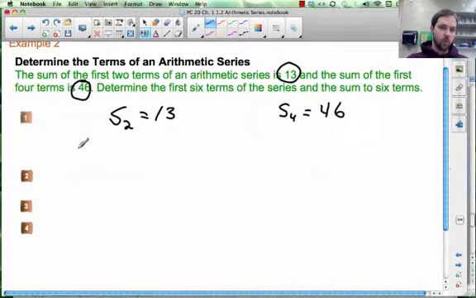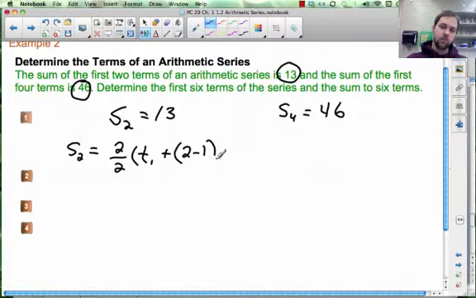We know that 13 was found with the formula S sub 2 equals, now of course n is 2, S sub 2 equals 2 over 2 times term 1 plus n minus 1, and n again is 2, 2 minus 1 times d. The 2 over 2 is just 1, so we're going to ignore it henceforth.